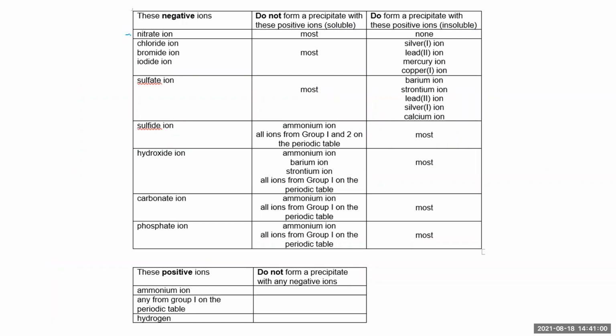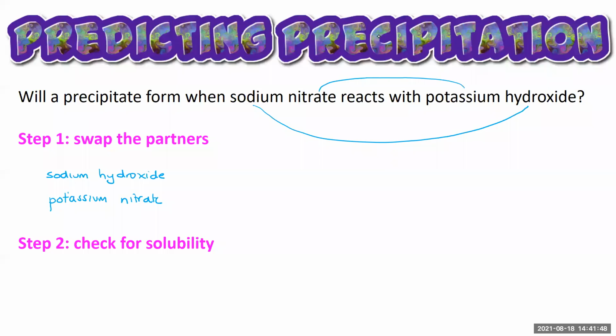So nitrates, always soluble. None are insoluble. So let's go and check, see what we found. Okay, so we found that potassium nitrate was soluble because all nitrates are soluble, and sodium hydroxide, if we look in the hydroxides column on our solubility rules, we'll find out that sodium is also soluble. So the answer here, no, a precipitate will not form.